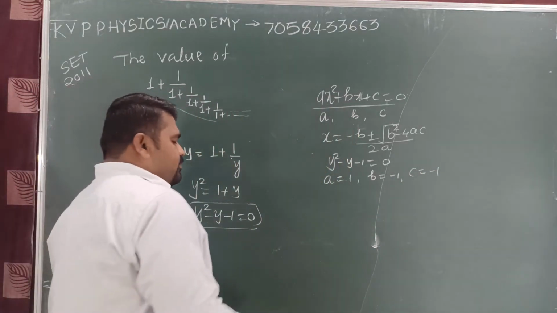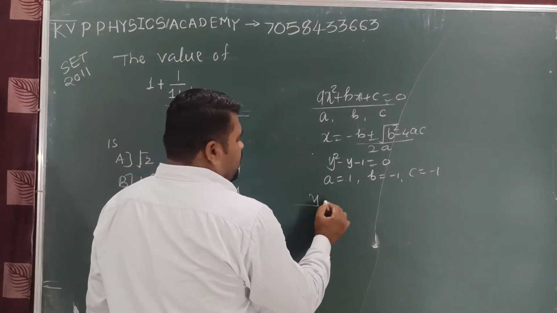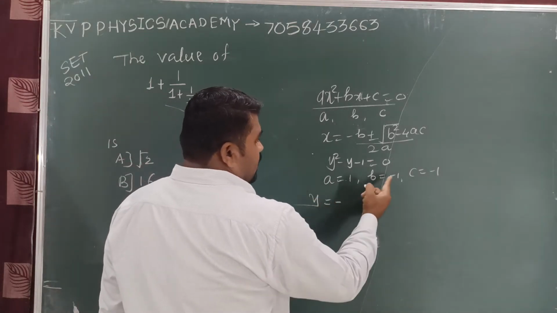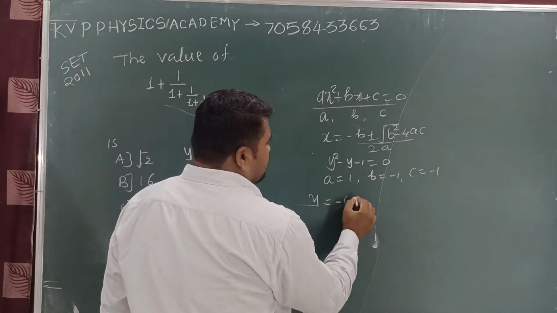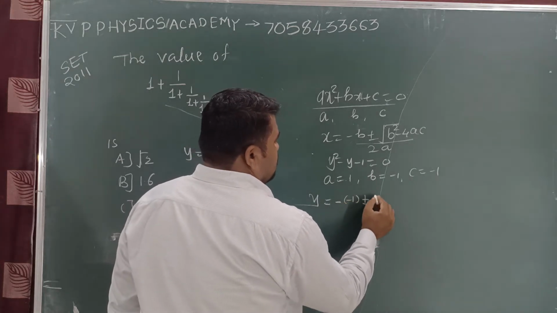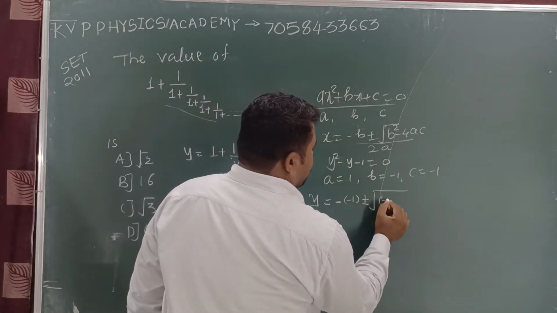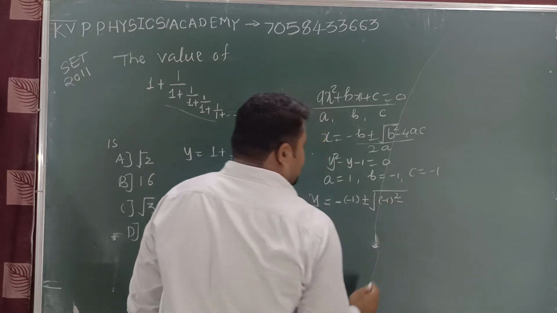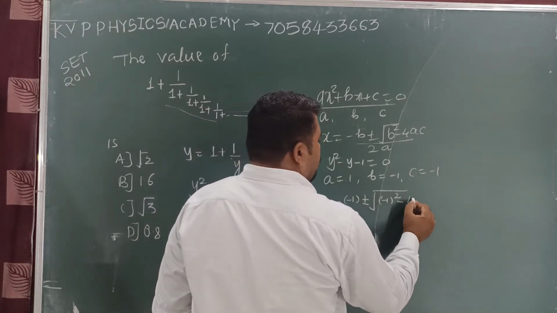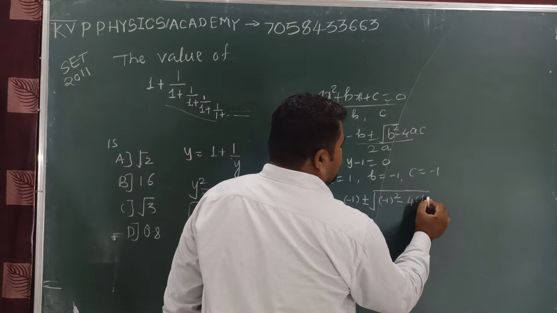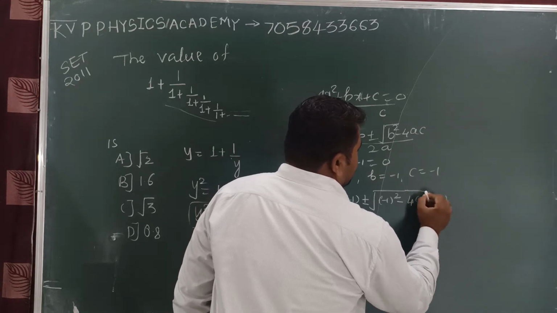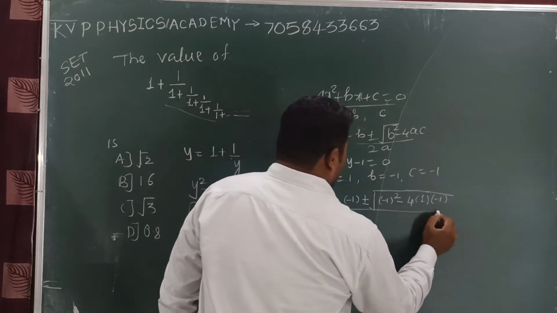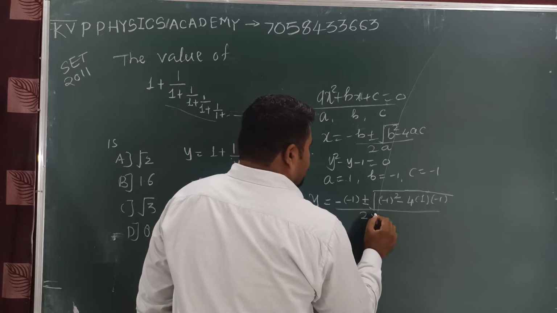Substituting, y is equal to minus b, minus of minus 1, plus or minus under root b square, minus 1 square, minus 4ac, 4 into 1 into minus 1, upon 2a, 2 into 1.